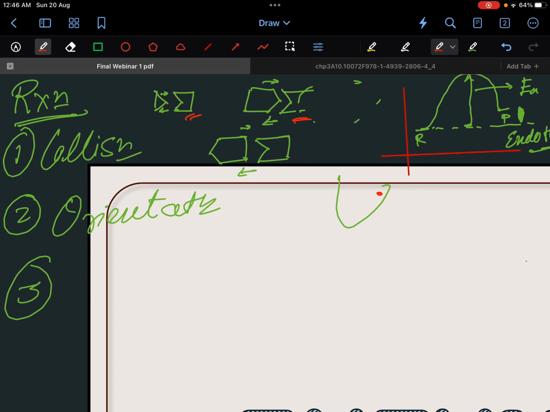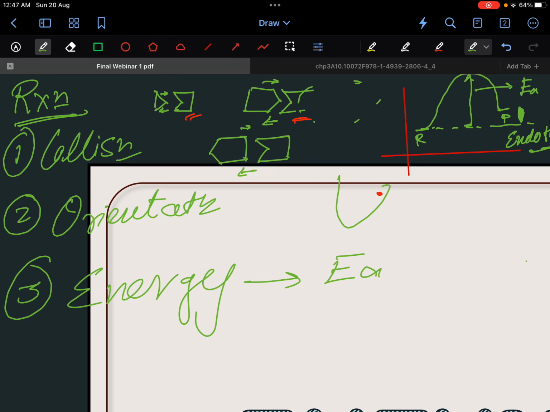No, because they have to have energy at least equal to the activation energy, right? It needs energy. It has to have the minimum energy for reaction, and the minimum energy of reaction can be expressed in two forms, activation energy and the temperature, right?